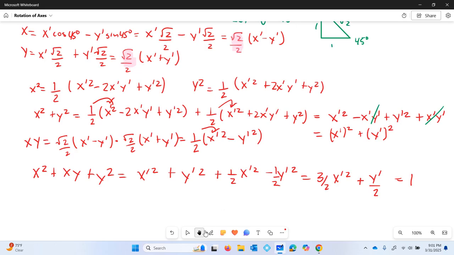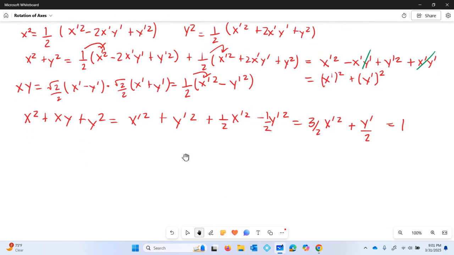Now, when we rewrote it, here's what we have: x prime squared divided by 2/3, plus y prime squared divided by 2, equal to 1. Essentially, one of these is a greater number.